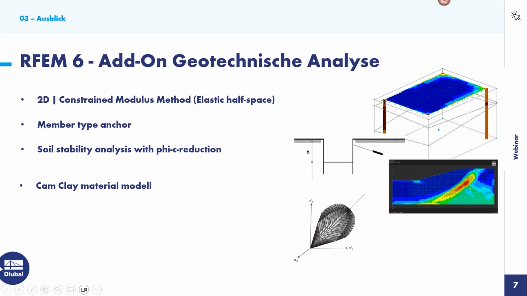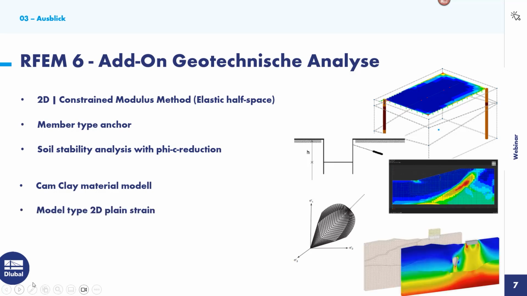And then we will have also the model type 2D plane strain. These are the projects we are working on mainly for the Geotechnical Analysis add-on, and I placed them here in the right row. The 2D constraint modulus method or elastic half space method and the member type anchor are the next steps, and the others will follow.